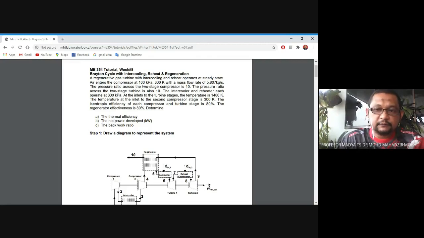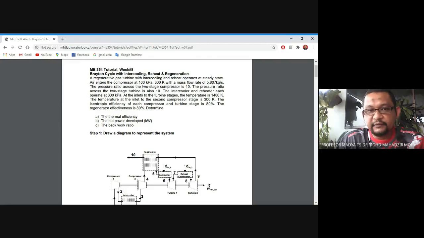The intercooler and reheater each operate at 300 kilopascal. At the inlets of the turbine stages, the temperature is 1400 Kelvin. The temperature at the inlet to the second compressor stage is 300 Kelvin.